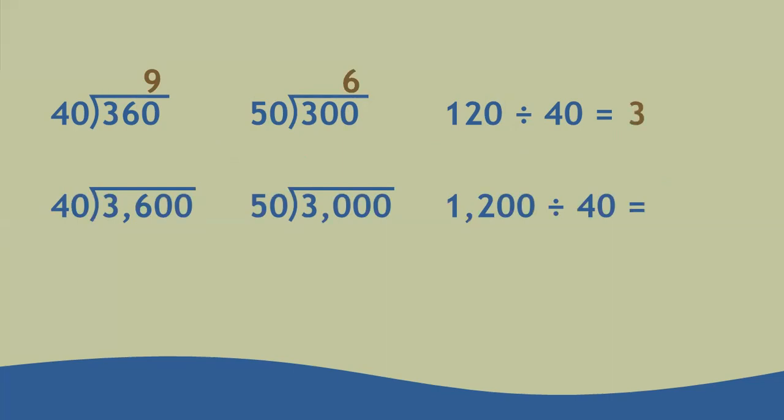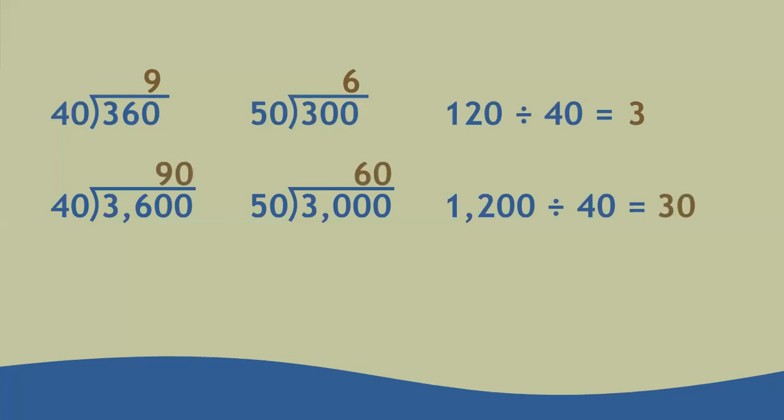When you add another 0 to it, you would simply add another 0. So knowing that if 40 goes into 360 9 times and there's a 0 after it, just like 50 into 300 and 40 into 120, by adding zeros to one part of the problem, you can simply add 0 to the next part of the problem.